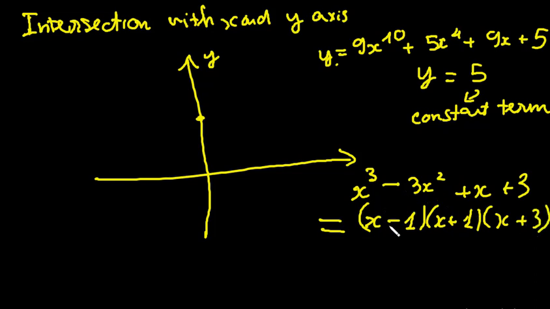The intersection between the curve and the x-axis will indicate the roots of the curve. Here I have this point, my 1, and here's my 3. I know the general shape of this one will be like this.